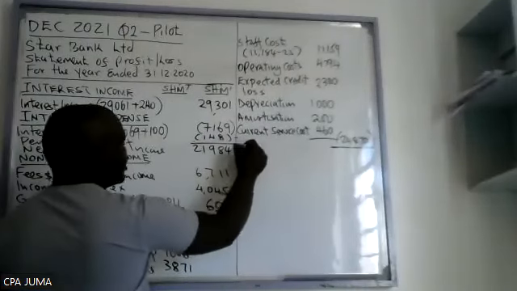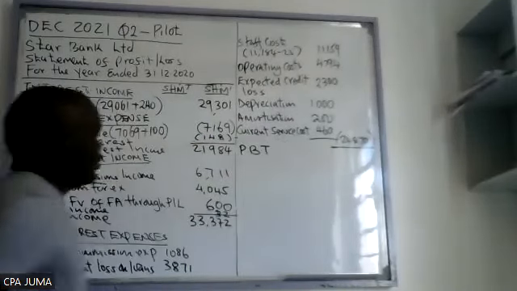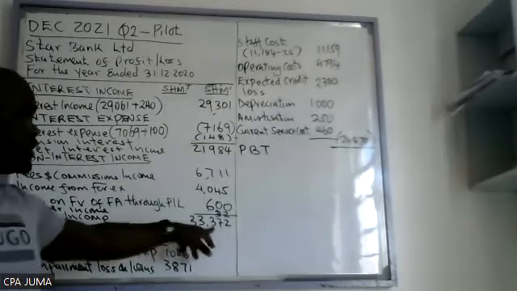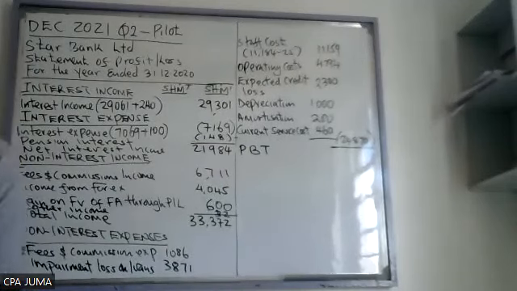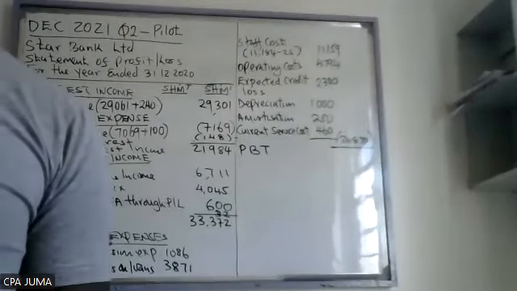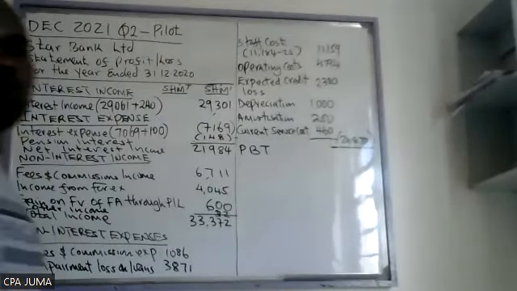So profit before tax, you take the 33,372 minus that one there. What will be our profit before taxation? 8,502.